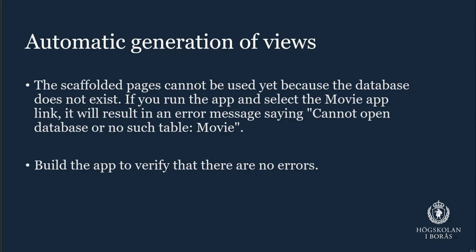This is because we have not yet migrated our first initial database migration with Entity Framework. We need to do this to actually get it working. But we can at least start and build the app to verify that it works without any errors. In the next step, let's look at how we can perform our first initial database migration with Entity Framework.